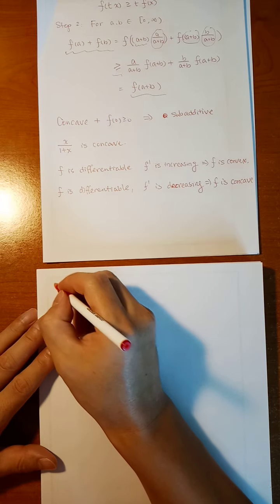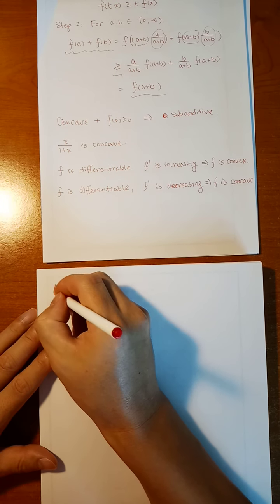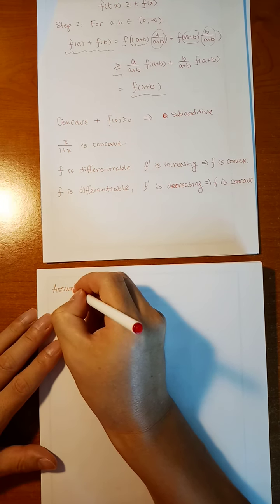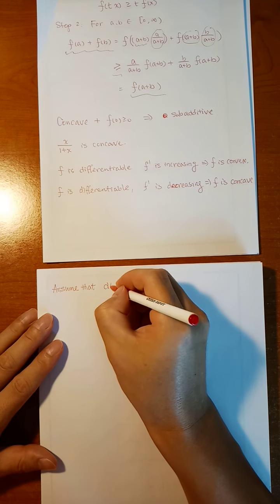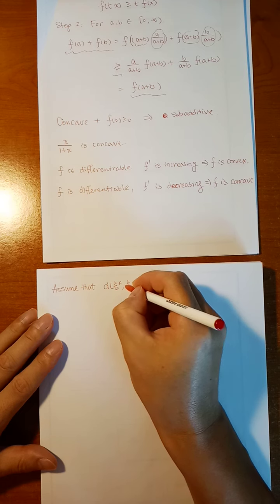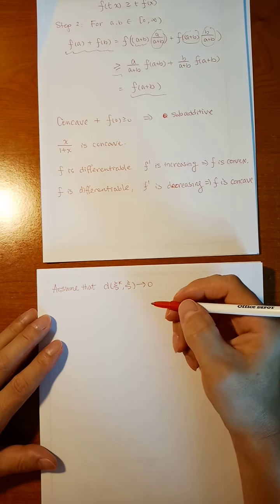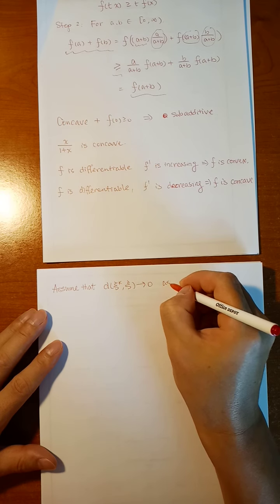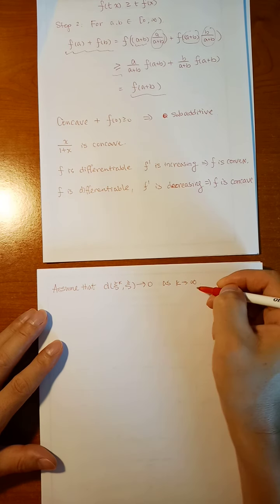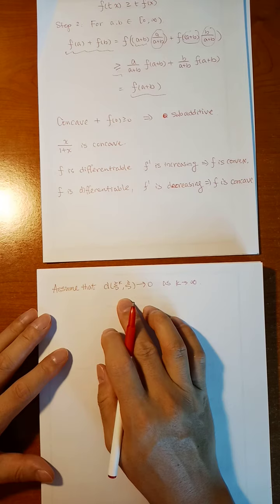Okay, so assume that the distance of x_k and x approaches 0 as k approaches infinity. Okay, the distance approaches 0.